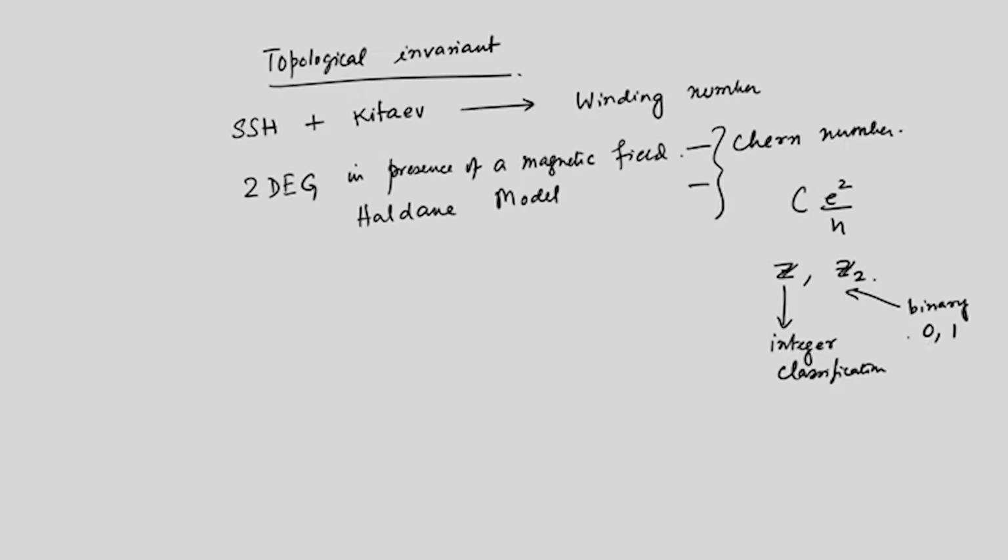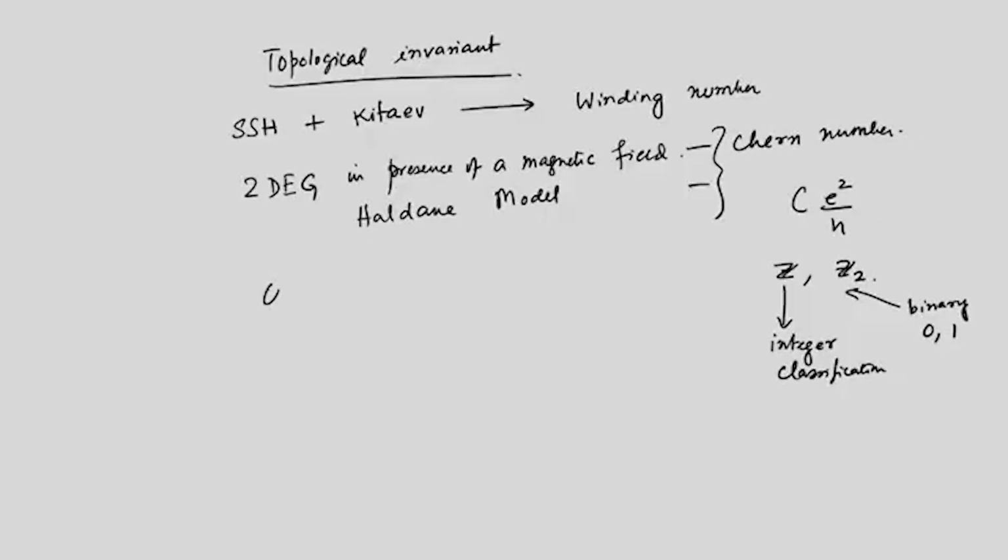So, if you think of the winding number, then the winding number is really a Z invariant, because it can take values 1, 2, etc., or 0, 1, 2 of course. And so, it depends on how many times you wind the origin as you take k over the entire Brillouin zone.